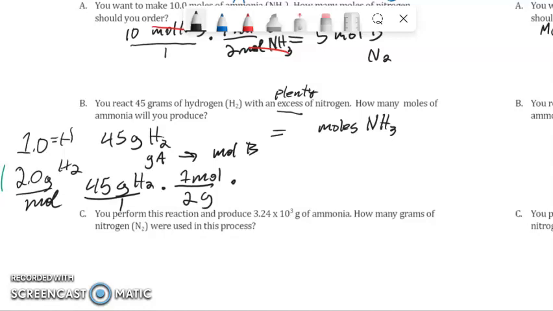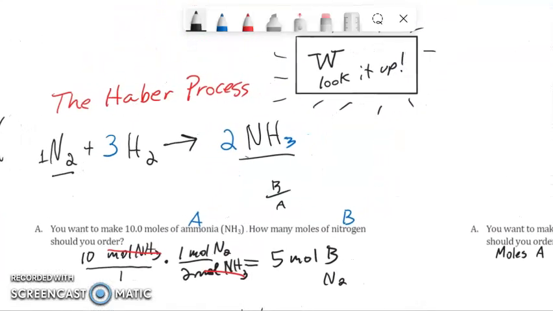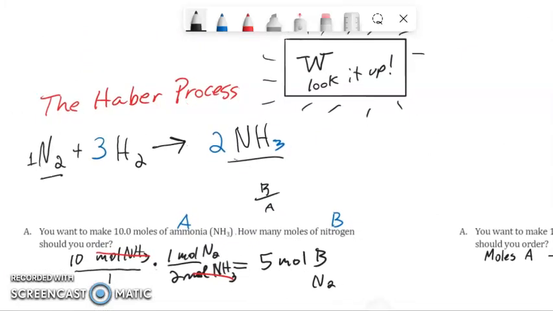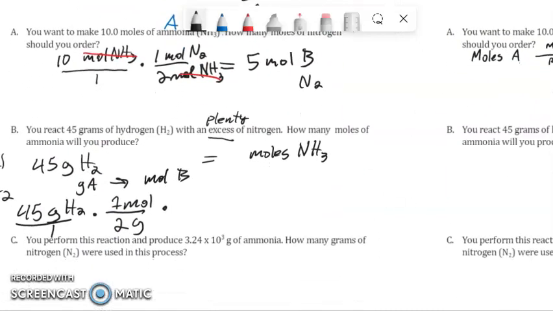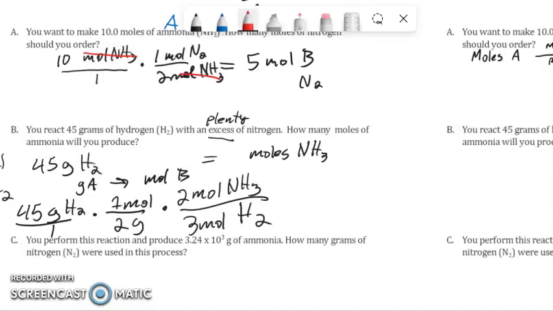Our second conversion factor is the molar ratio. We need our balanced equation again. So we're going from hydrogen to ammonia, and so that's 3 hydrogens to 2 ammonias. We want to put that with ammonia on top and hydrogen on the bottom. Okay, so let's cancel this out.